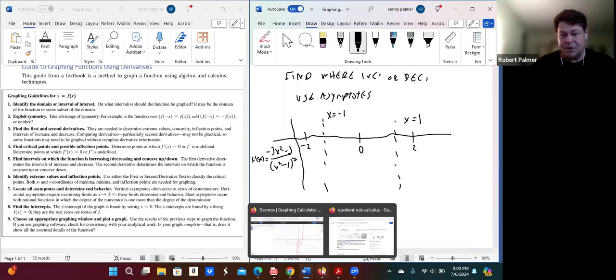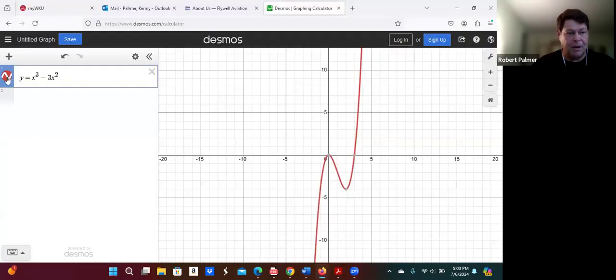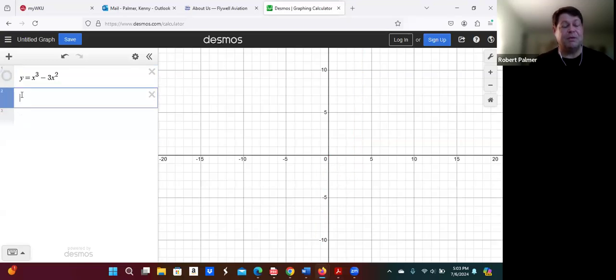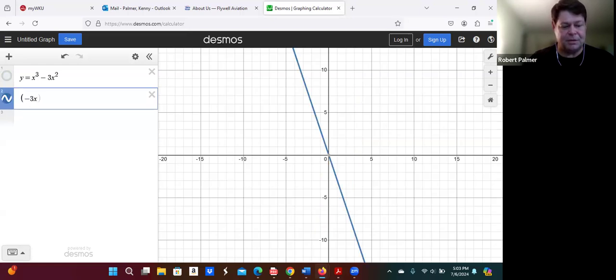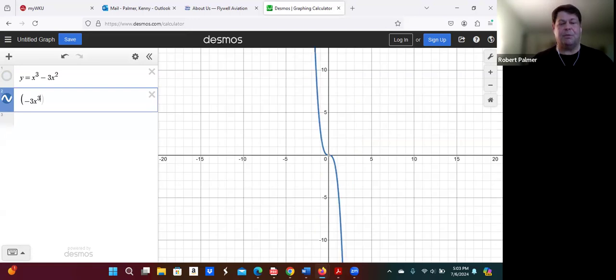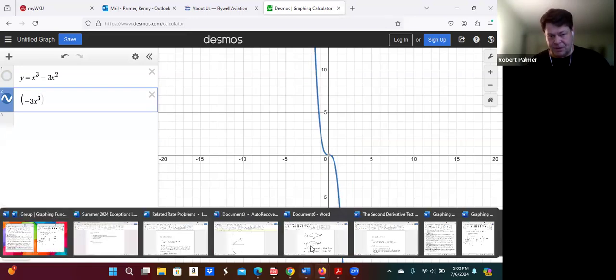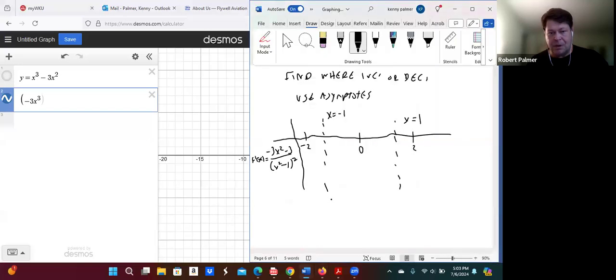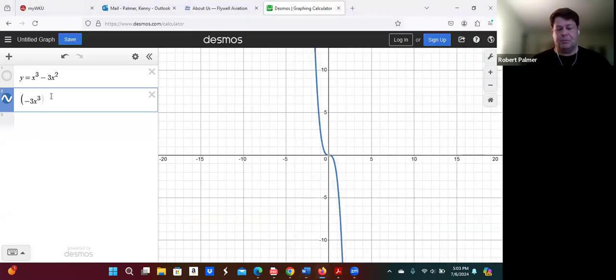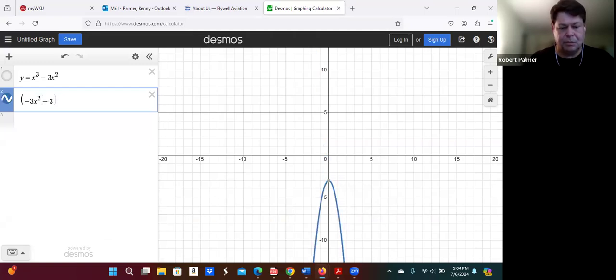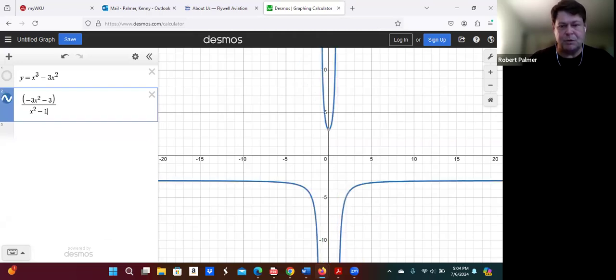Now, let's just use Desmos to help us out. Let's go back here and turn that off. What I'm going to do is plug in my derivative. So I need parentheses here: (-3x squared minus 3) divided by (x squared minus 1).